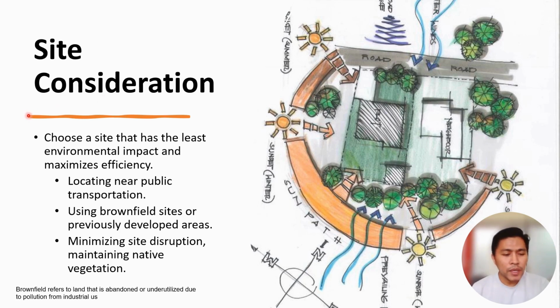In order for us to choose a site that has the least environmental impact and maximizes efficiency, the site should be located near public transportation, and we should use brownfield sites or previously developed areas, and by minimizing site disruption, we can maintain the native vegetation.